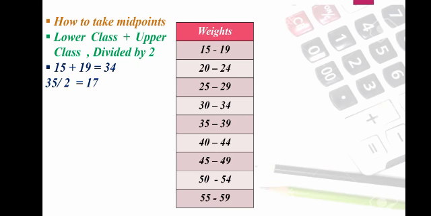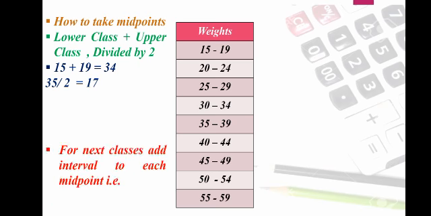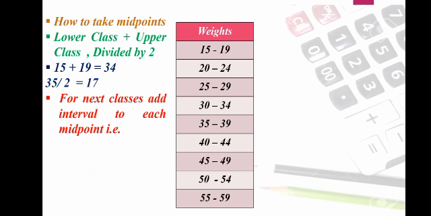For making the rest of the midpoints, a simple way is to add the interval to each midpoint for the next class. As the classes have an interval of 5, add 5 to 17, so the next class midpoint will become 22. Similarly you can add 22 plus 5 to calculate the next class midpoint.